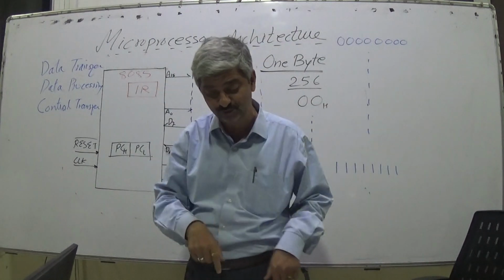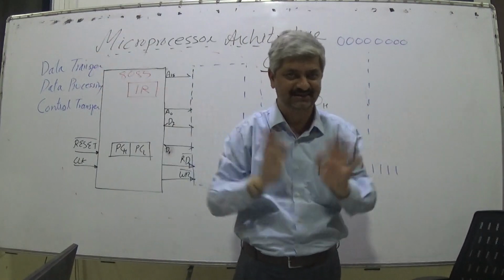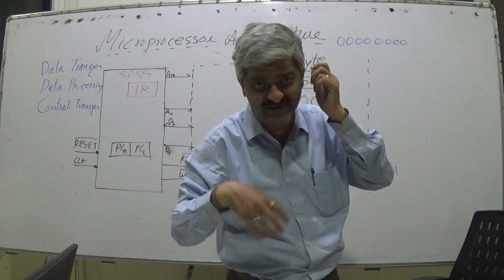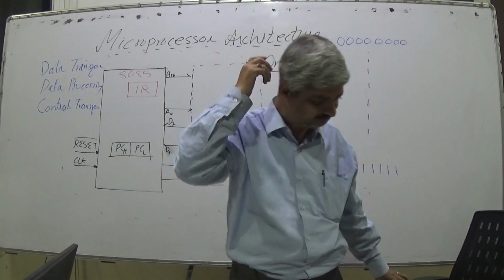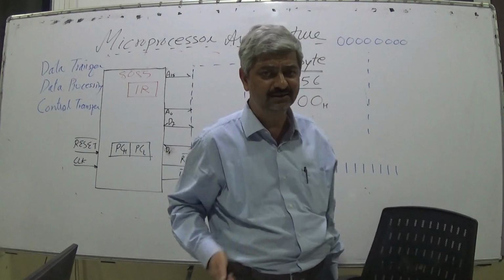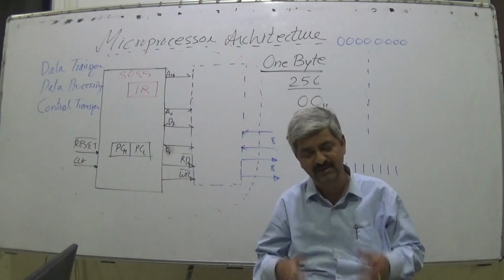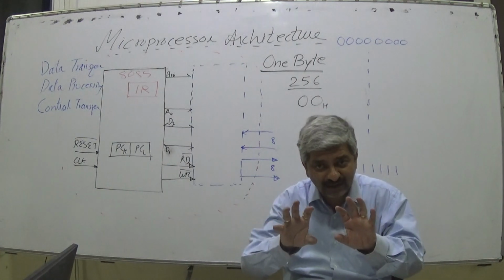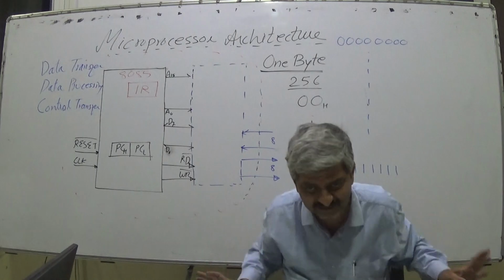How that is actually implemented will require a huge number of gates that we can't discuss. It is not that I am skipping, but that is not required, and not possible also. Even in a medical college, what exactly makes the heart function cannot be explained by any doctor.